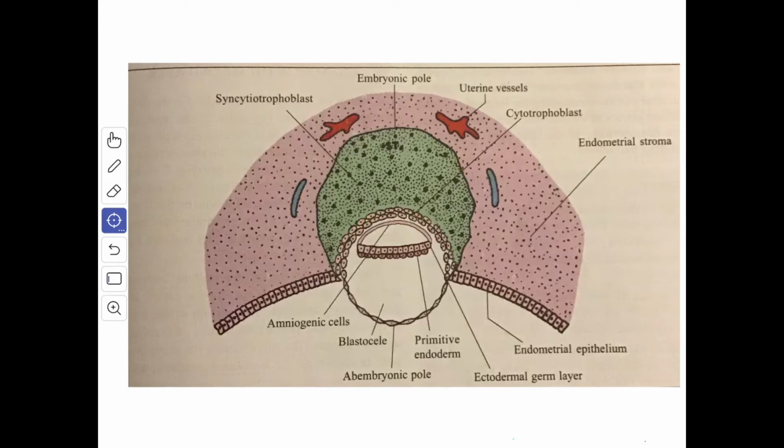At first, the embryonic pole of the blastocyst grows deep in the endometrial stroma and the abembryonic pole projects freely in the uterine lumen. As the implantation continues, the blastocyst is completely embedded in the endometrial stroma by the 12th day of development.